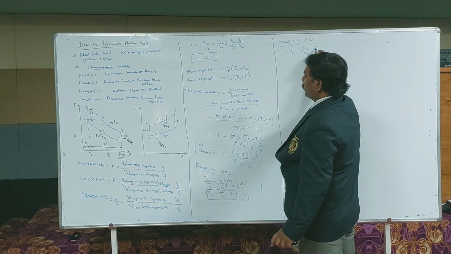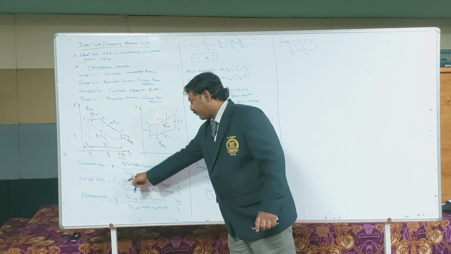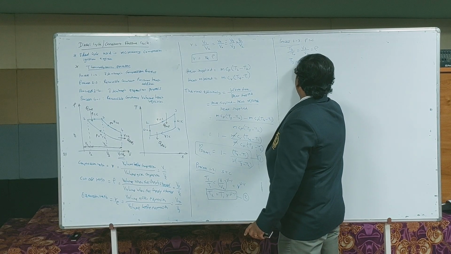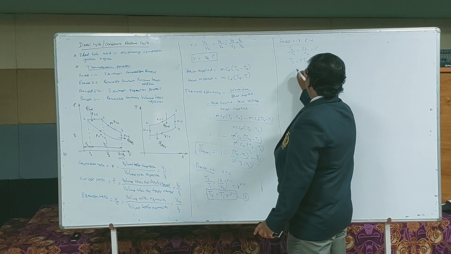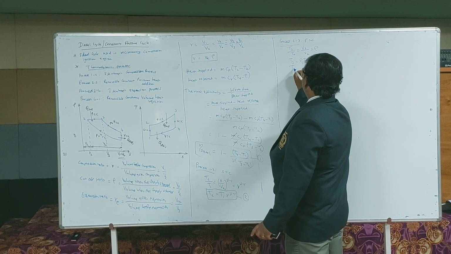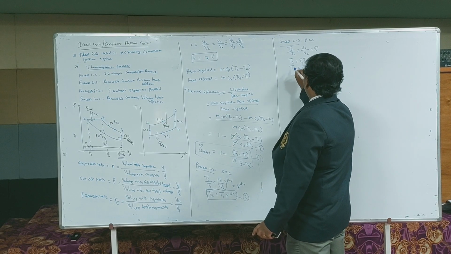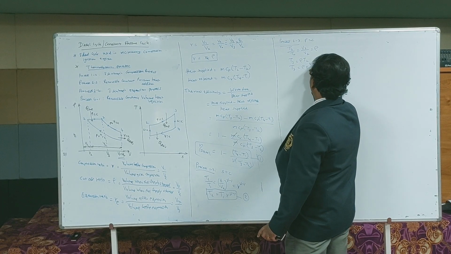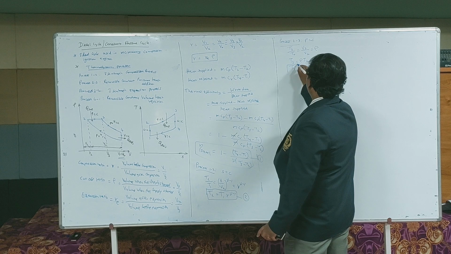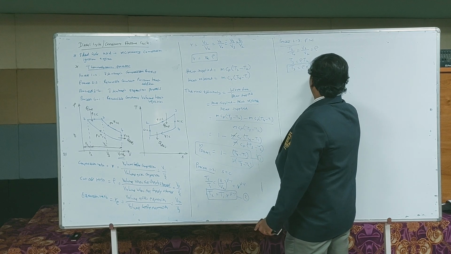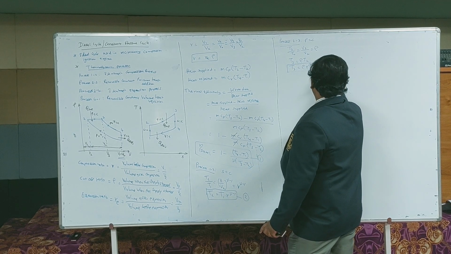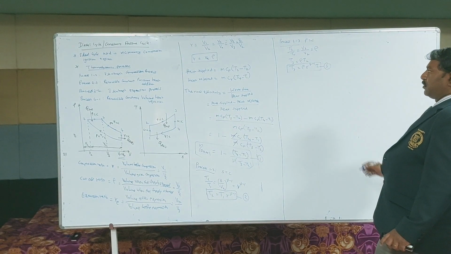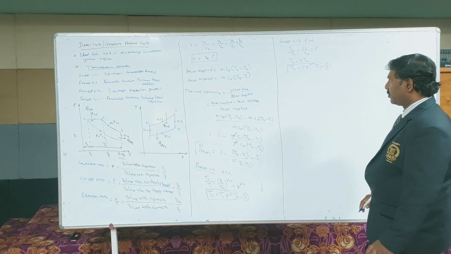V3 by V2 by definition is the cutoff ratio. Therefore, T3 can be written as rho into T2, but T2 is T1 into R power gamma minus 1. So we can write T3 in terms of T1. So this is equation 3. Then we have to write T4 in terms of T1.